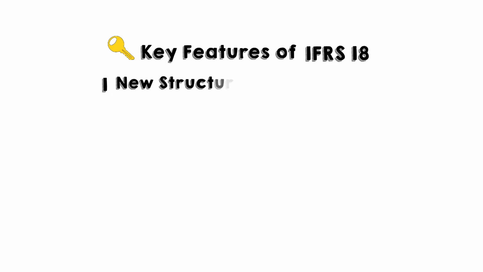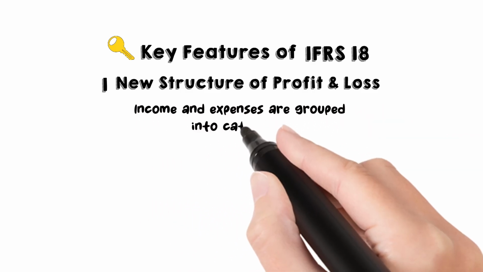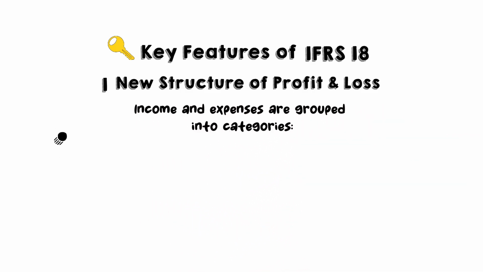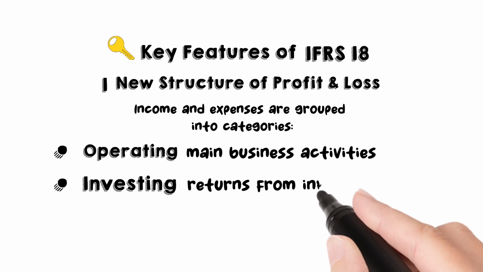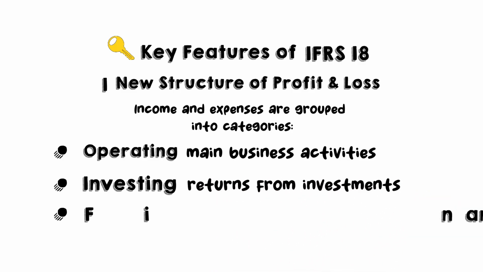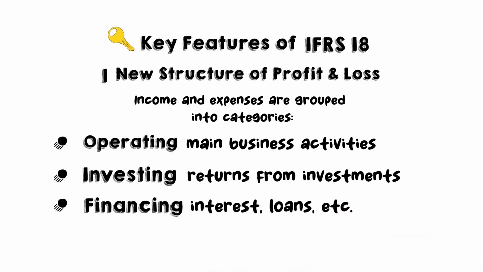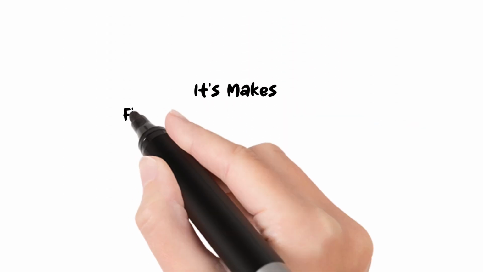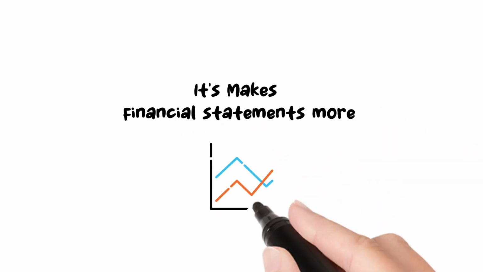New structure of profit and loss. Income and expenses are grouped into categories like operating, main business activities; investing, returns from investments; financing, interest, loans, etc. It makes financial statements more comparable.